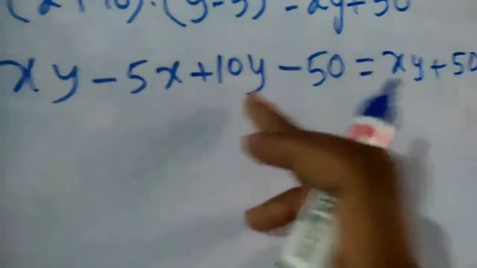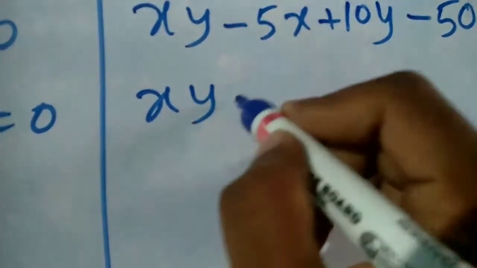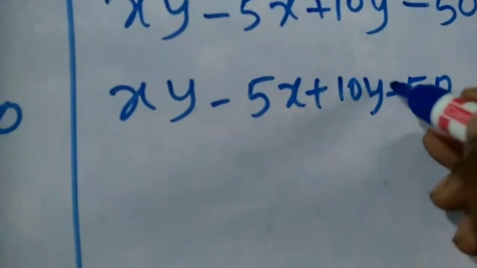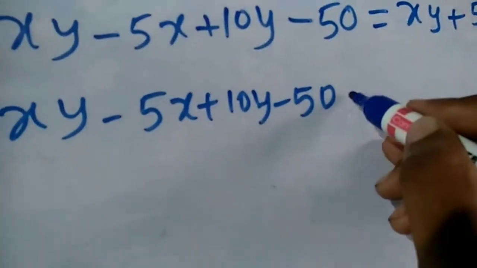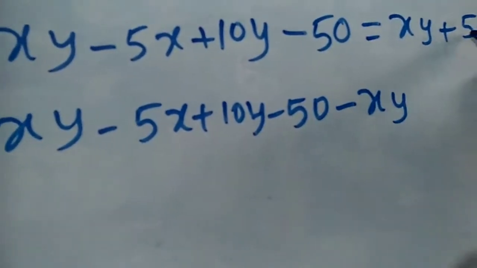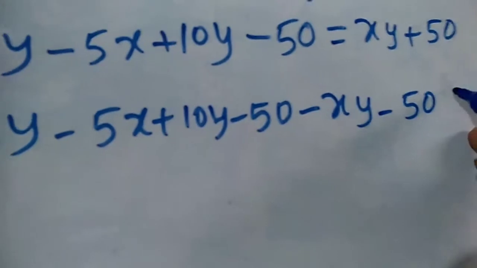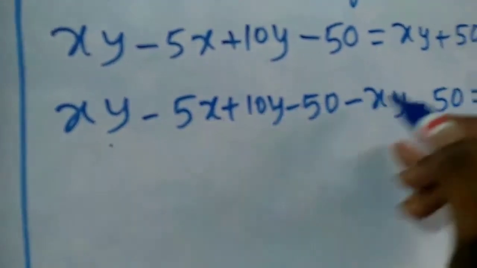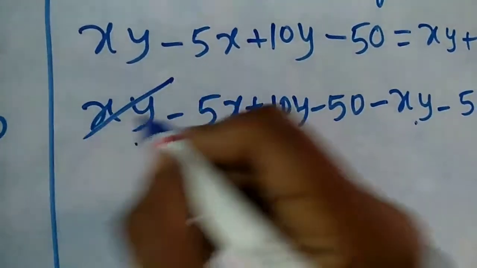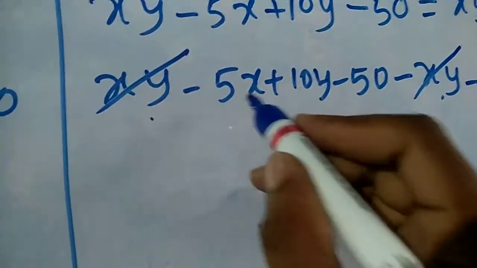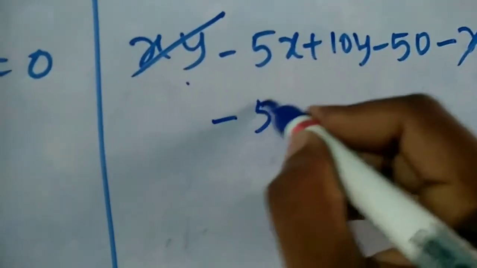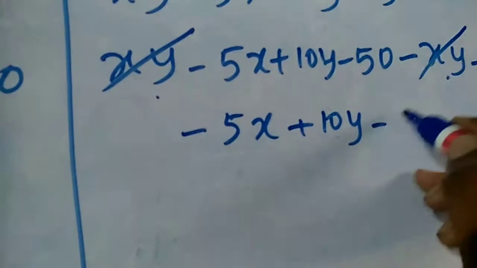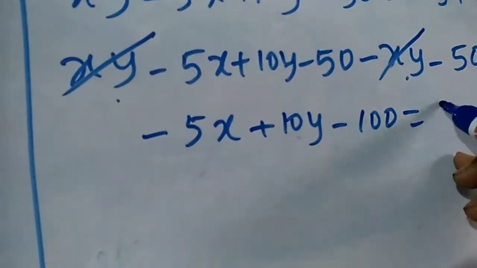Now transpose RHS terms to LHS side. xy minus 5x plus 10y minus 50, plus xy becomes minus xy, plus 50 becomes minus 50, is equal to 0. Okay. Here also it is plus xy, it is minus xy. Both get cancelled. So remaining is minus 5x plus 10y minus 100 is equal to 0.